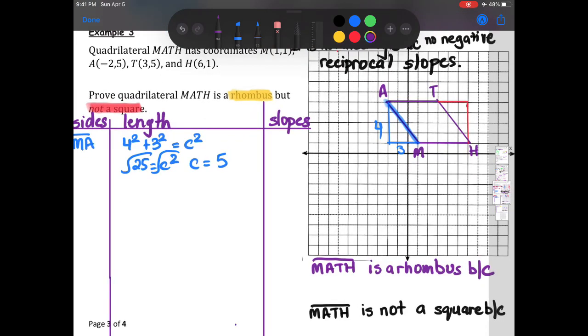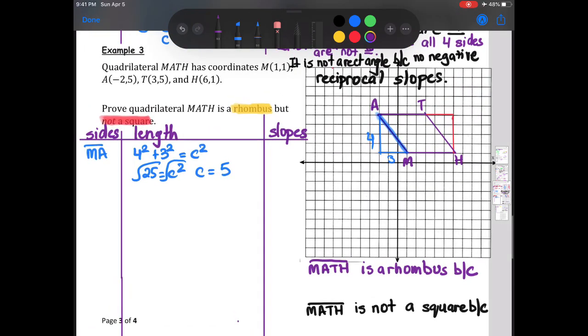What's my next one? Length AT. It's a horizontal line, so just count the boxes, which is 1, 2, 3, 4, 5. It is 5. Now the next one, TH. This is 3 and this is 4. So I'm going to do 3 squared plus 4 squared is equal to c squared.